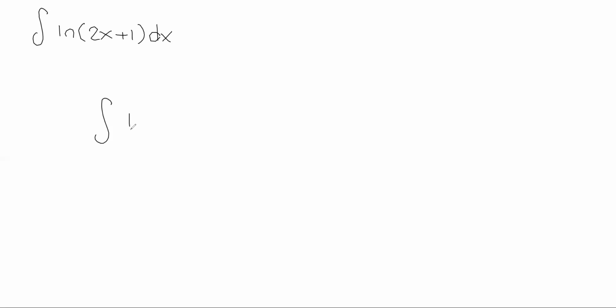So if we had just natural log of x dx, we know exactly how to do this. We would set natural log of x to be u, we would set dx to be dv, and then continue using integration by parts the way we normally would, and we would get x times natural log of x minus x. The problem occurs with this one when we realize that we have something other than x as the input of the natural log function, which makes things a little more complicated.